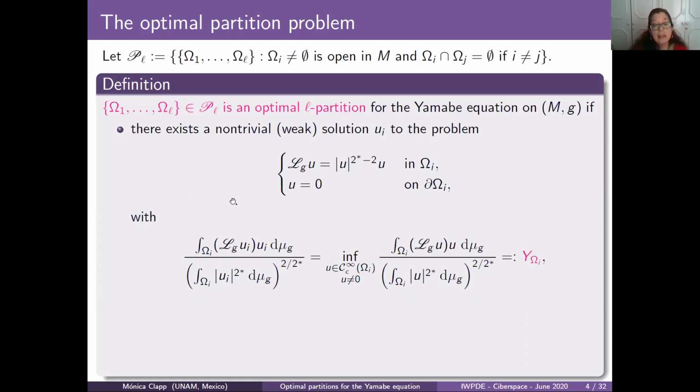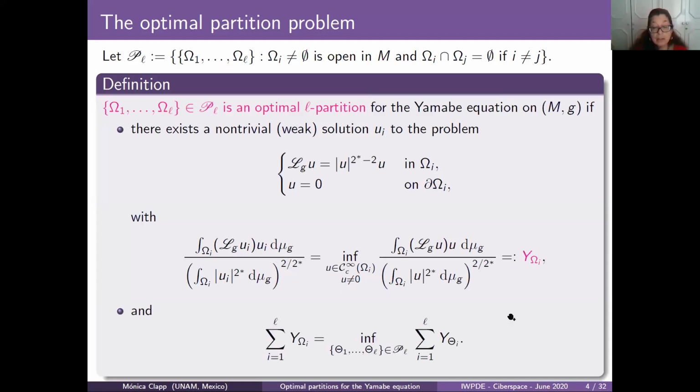The first condition is that there should exist a solution of the Yamabe equation on the domain omega_i with Dirichlet boundary condition, and it should have minimal energy. This means this solution should be a minimizer for this Yamabe quotient on omega_i, and I will call this infimum the Yamabe invariant on the domain omega_i. So that's the first condition: the existence of a minimizing solution to the Yamabe equation in omega_i.